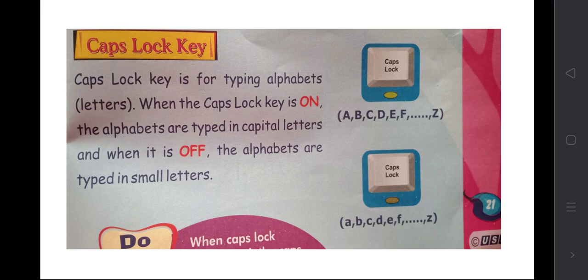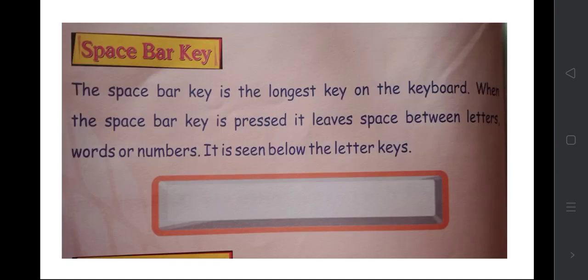Okay, then we are going to see the space bar key. The space bar key is the longest key on the keyboard. When the space bar key is pressed, it leaves space between letters, words or numbers. It is seen below the letter keys.